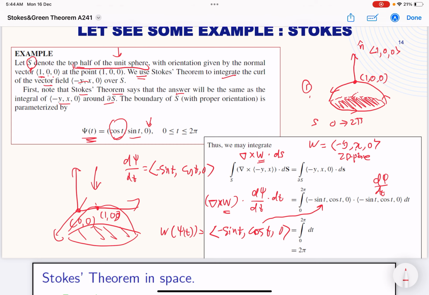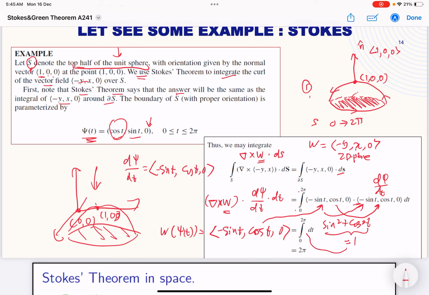Okay, so over the domain of S it is 0 until 2 pi. Then, because of your identity, when you multiply here, you get sine squared t plus cos squared t, which by the identity equals 1.